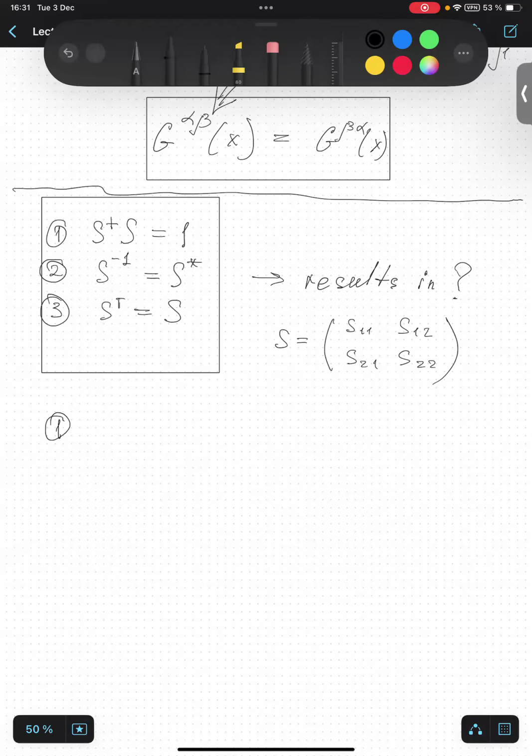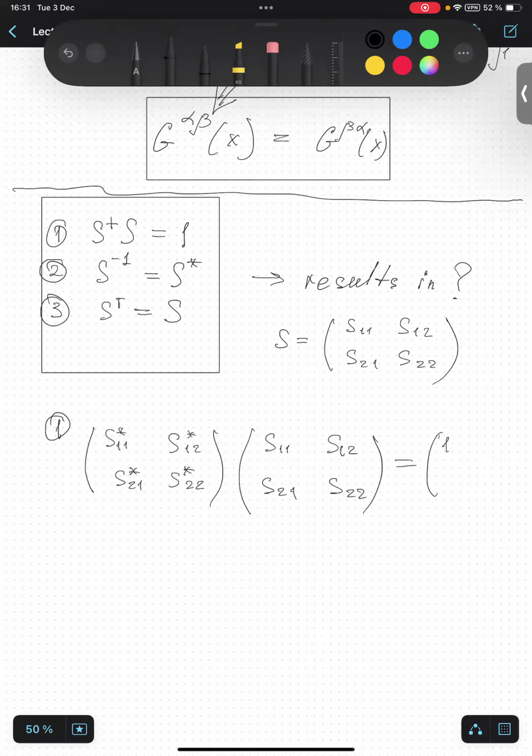So let's consider the first property. We can multiply it. So S11 conjugated, S12 conjugated, S21 conjugated, second matrix S, and it equals the unitary matrix.